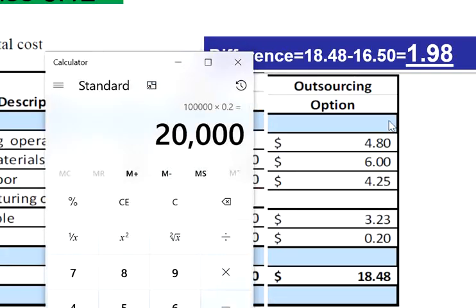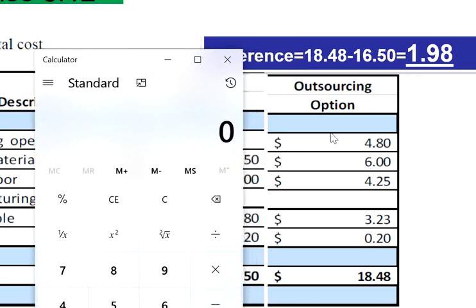Let me use a calculator if it's available here. Yes. Let's say I want to negotiate this price with them. 4.8 is high for me, so I say I don't want to pay 4.8. So how much will I pay?